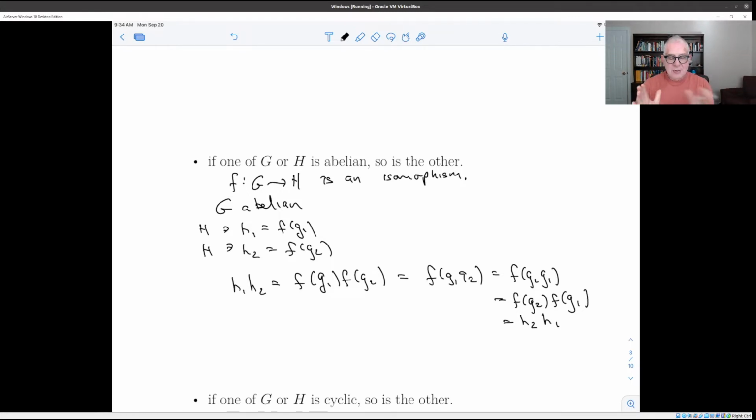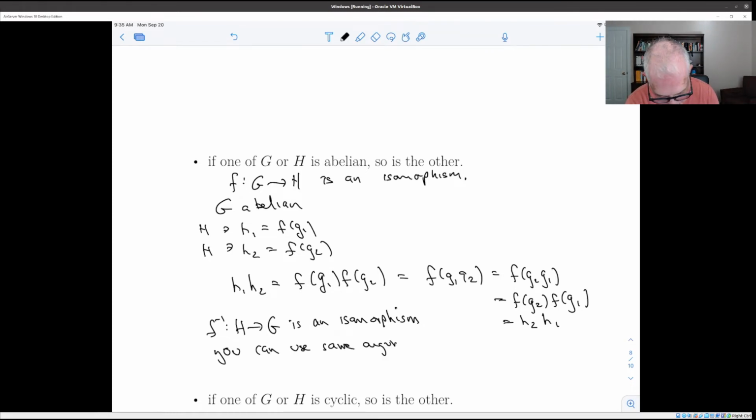And you can go the other direction, since F inverse from H to G is an isomorphism. You can use the same argument to show that if H is abelian, so is G. So for isomorphic groups, if one is abelian, so is the other.